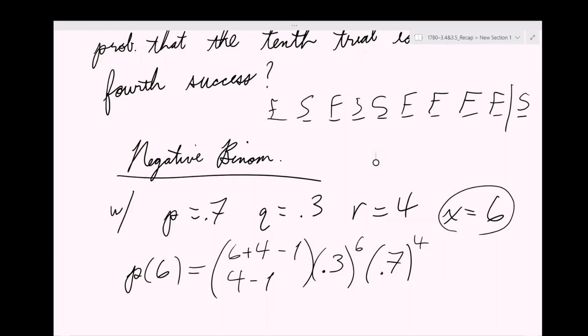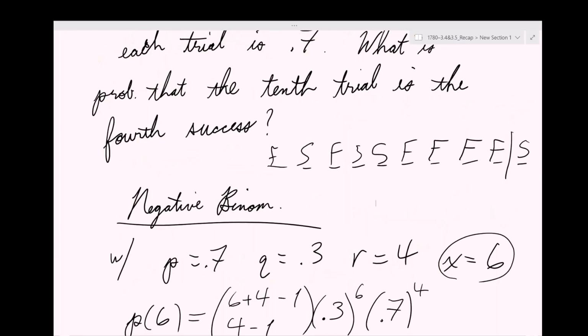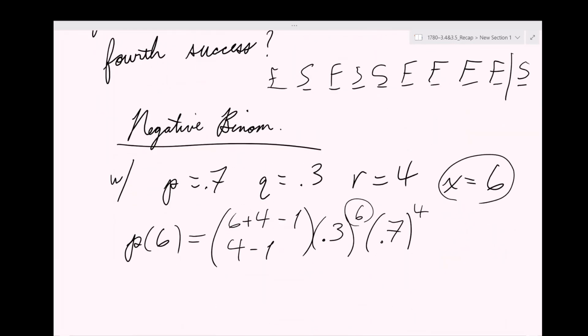Notice that our number of trials was 10, and these two numbers add up to 10. That's very helpful to remember. And then this number is previous trials except for the last one, so that should be 9, which it is, and this is previous successes, not counting the last one, so that should be 3 since our r is 4.